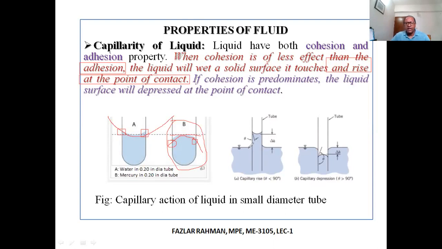So you see the height over here is increased, similarly increased here, and here. Similarly, over here you see the height is decreased because they have more cohesive property. The molecules of the liquid like to stick together. They don't like to stay with the wall of the tube because they have more cohesiveness, you can say. Okay, so this is the simple example.